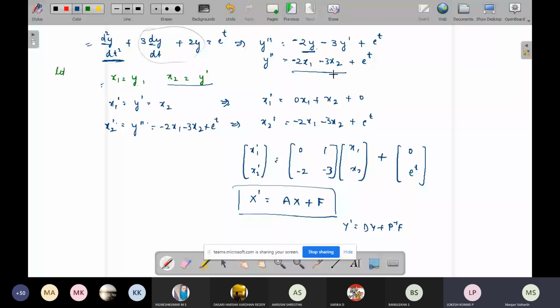Ma'am, yesterday I asked one doubt in the Heaviside function, ma'am. You are not simply saying what I'm trying to say, like second shifting. Let me see that example, then I'll tell you.